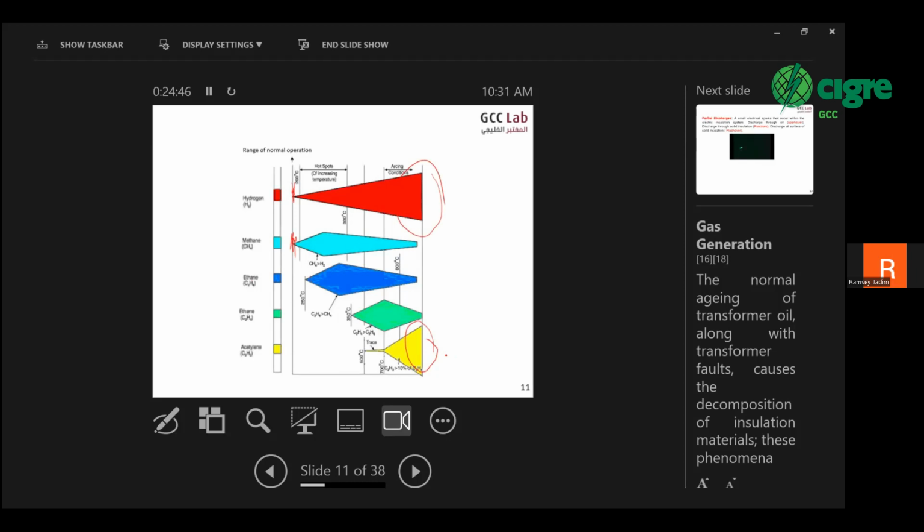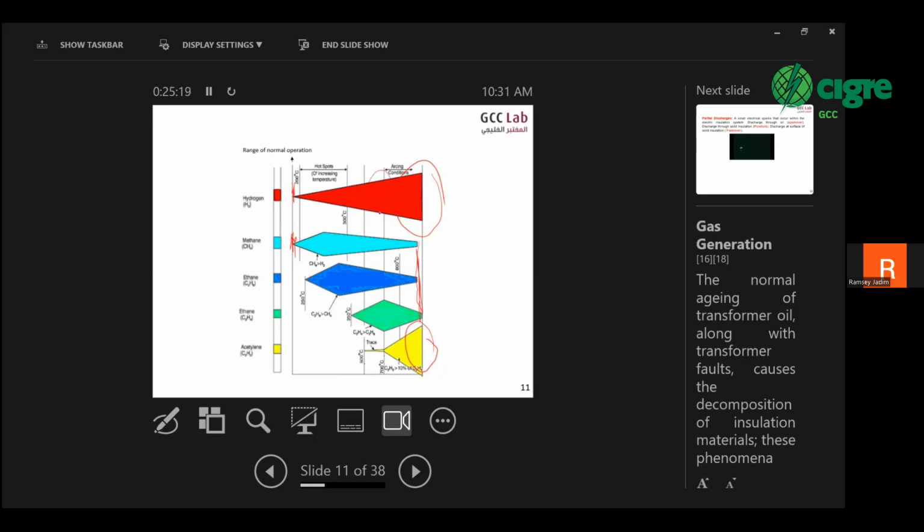If I find this, and I also find that the others are very low or nothing, just hydrogen and acetylene over the limit, that means we have an arcing fault. And if there is just hydrogen without any other gas, or only a little of another gas, and the hydrogen is extremely high, that means we have partial discharge.